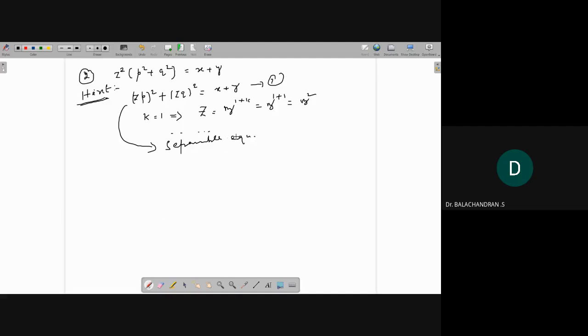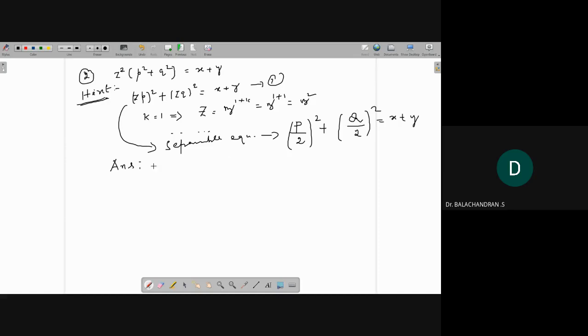So now I will just give the final answer for this problem. You can verify later. The separable equation is (capital P by 2) whole square plus (capital Q by 2) whole square equal to x plus 1.